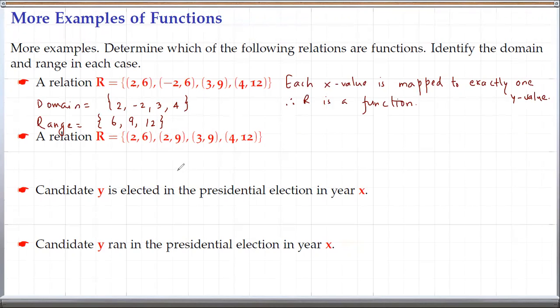So again, we ask if each x value is being mapped to just one y value. So if you look at 2, this 2 is being mapped to 6. But again, 2 is being mapped to 9. So 2 is being mapped to two y values, 6 and 9. So this is a problem. So this is not a function.